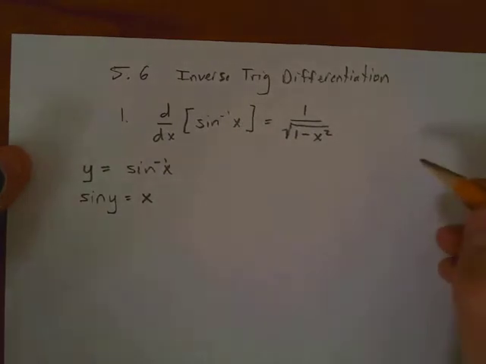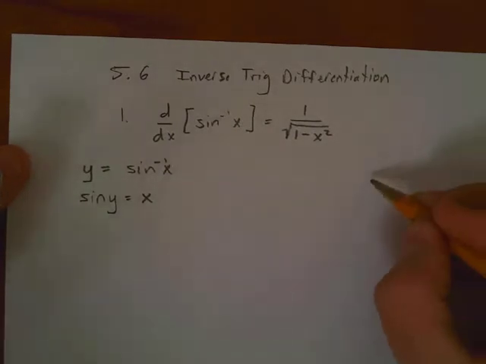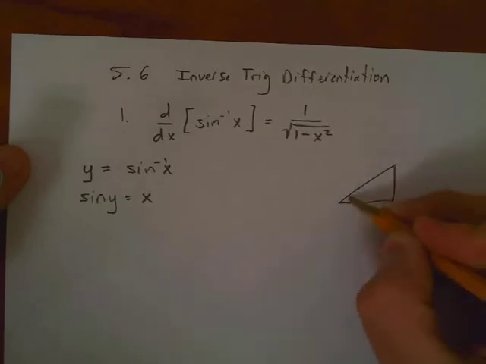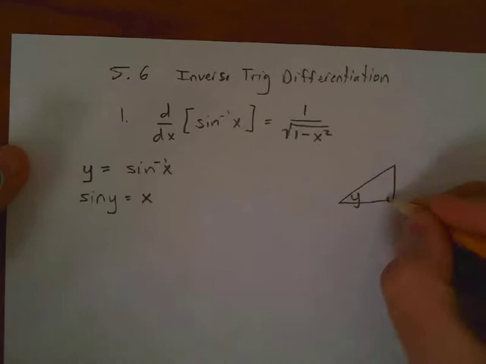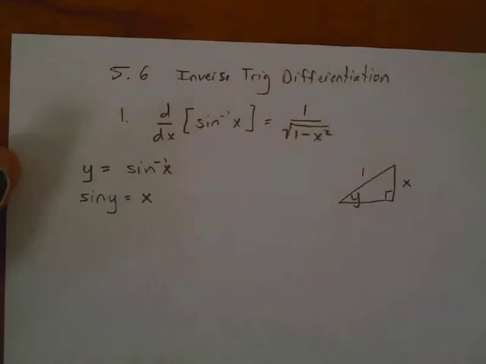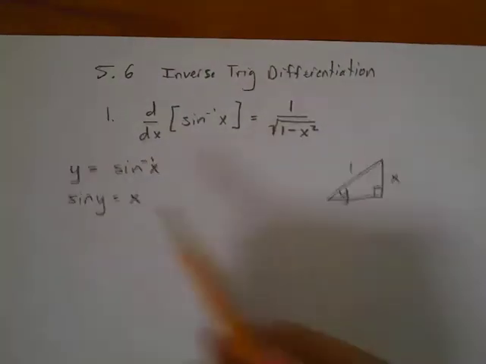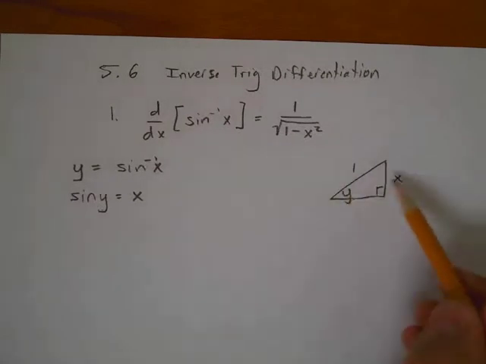And if sine of y is equal to x, that means that there is some triangle with an angle y that has the ratio of x opposite over 1 hypotenuse, because sine is just opposite over hypotenuse. So sine of this angle y is x over 1.